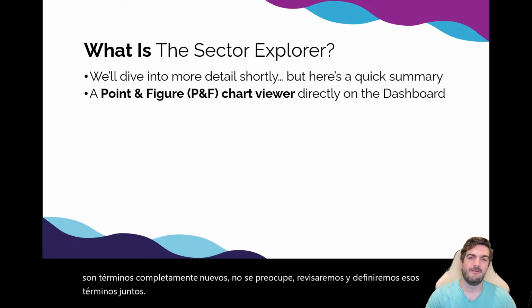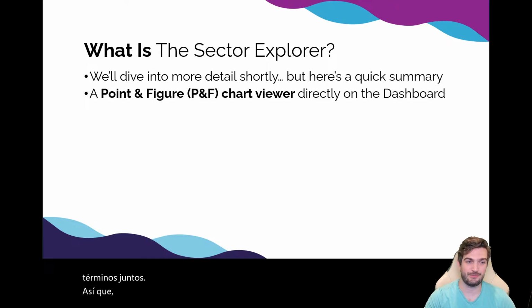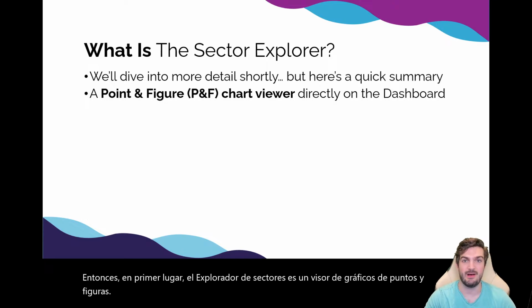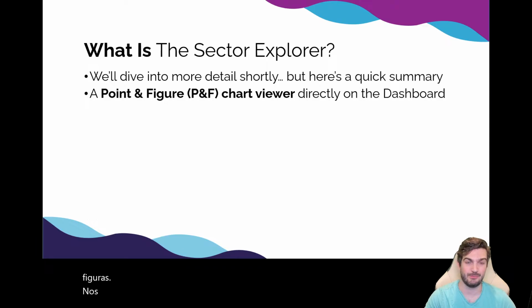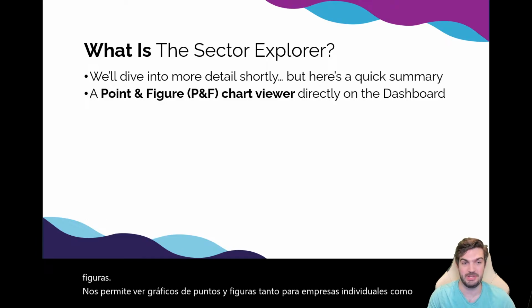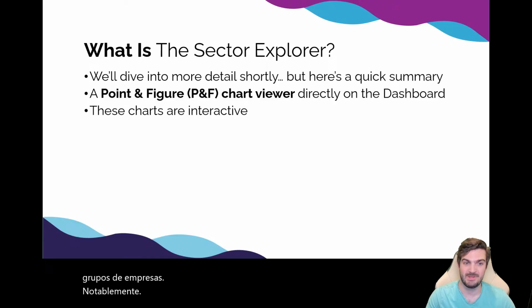So, first and foremost, the Sector Explorer is a point and figure chart viewer. It lets us see point and figure charts for both individual companies and for groups of companies, notably DPI.